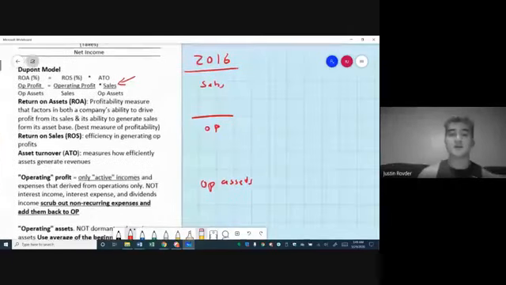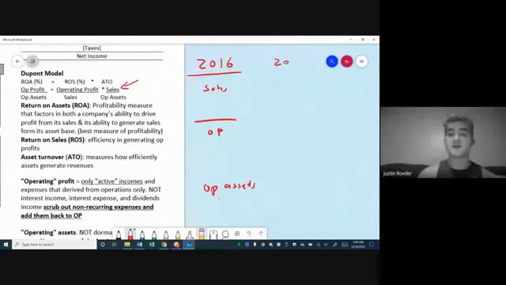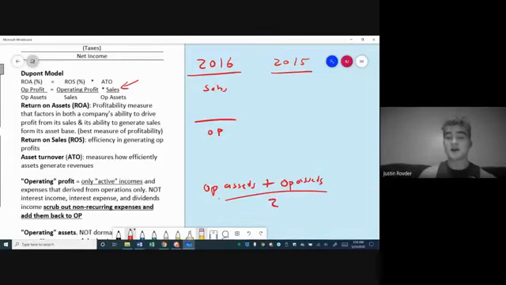But instead, what you want to do is look at 2015 and also look at their end of year operating assets, because the operating assets at the end of 2015 will be the operating assets at the beginning of 2016. So what you want to do is add these together and divide by 2 to find an average of them. So you're going to use the average of the period before and of the end of the current period to figure out the operating assets you would use in these equations.